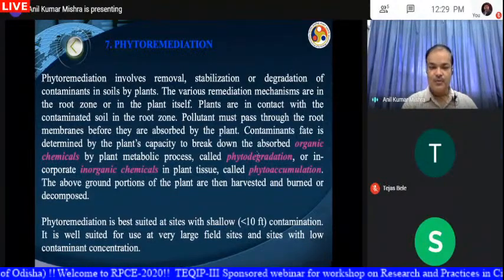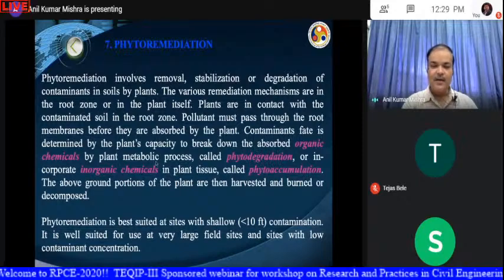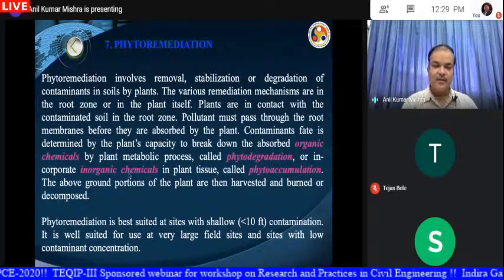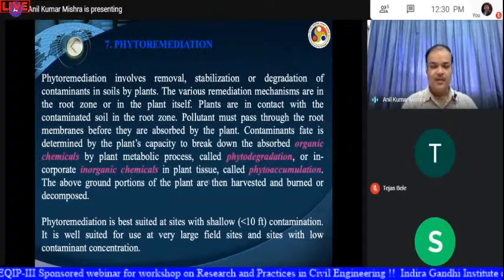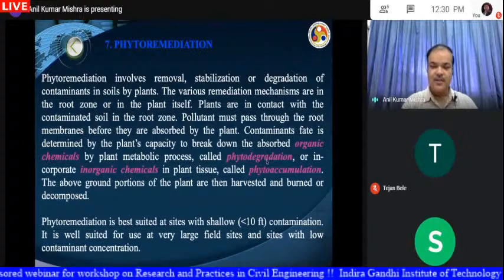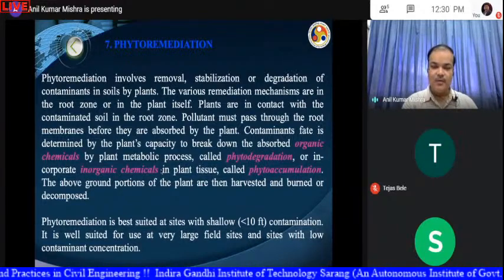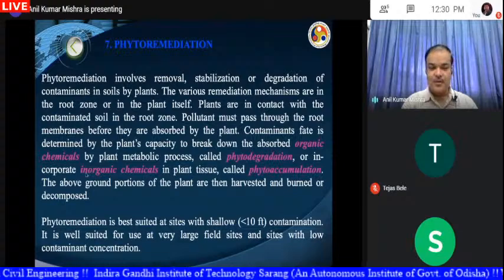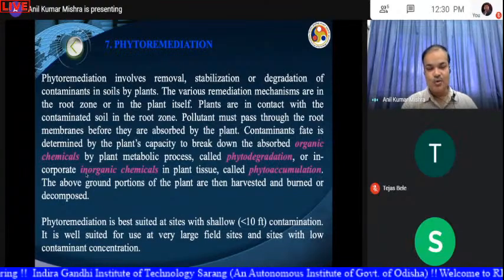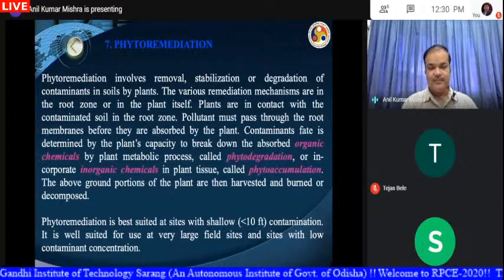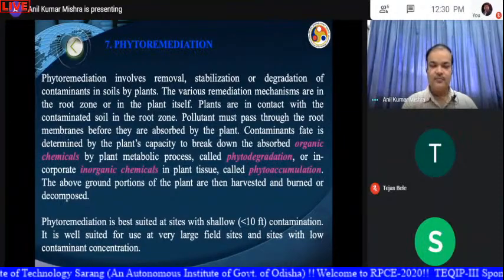So these are the two processes by which the plant can remove the contaminant from the soil. In phytodegradation, it will absorb the organic chemicals and degrade the contaminants. In phytoaccumulation, it absorbs the inorganic chemicals and stores them in its stems or tissue.